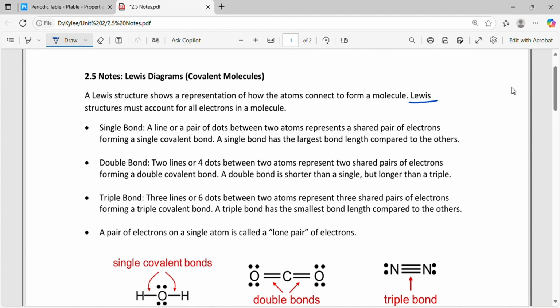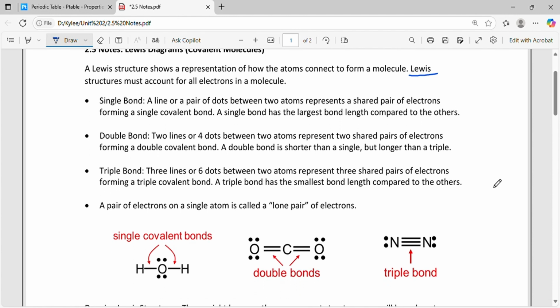A single bond in a Lewis dot structure is going to be one line or a pair of dots. So we can represent it either way. We can represent it as a line between two atoms, or we can represent it with two dots, and the two dots can either be horizontal or vertical.